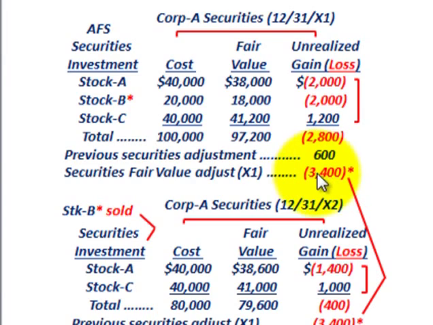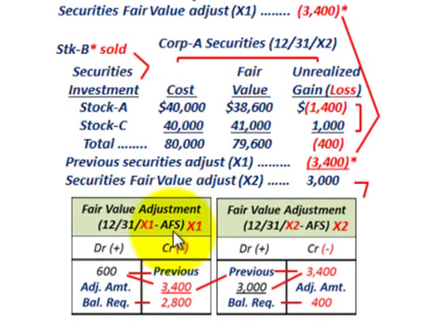So let's go down and look at how we calculate that. Here's our fair value adjustment. We had started out with a $600 debit, the previous amount. What we have to do is get to a credit or loss amount of $2,800. The only way we can do that is where we come up with that adjusted amount, $3,400.